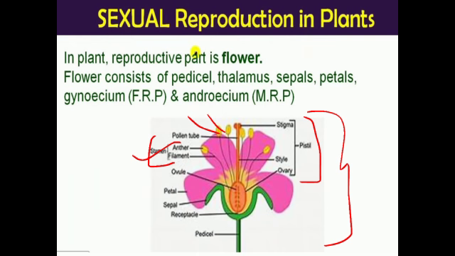And the pistil is present in the center of a flower. If you see, this is the pistil. It is the female reproductive part of the plant. It is made up of three parts. The swollen bottom part is the ovary.